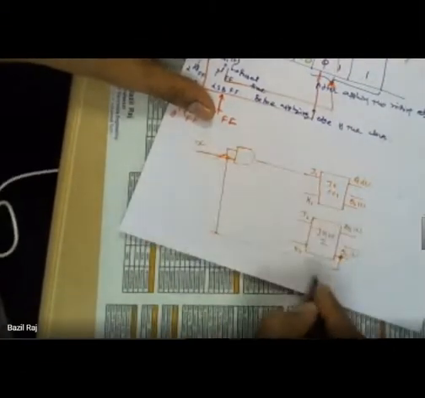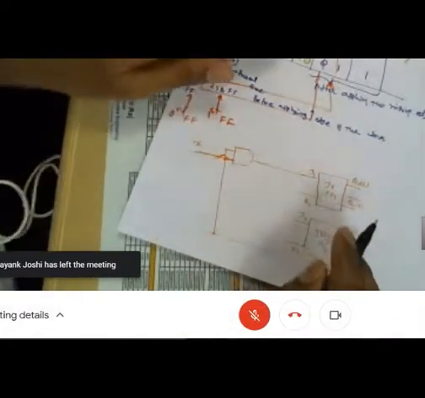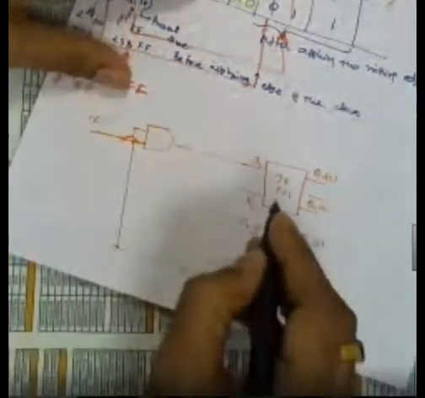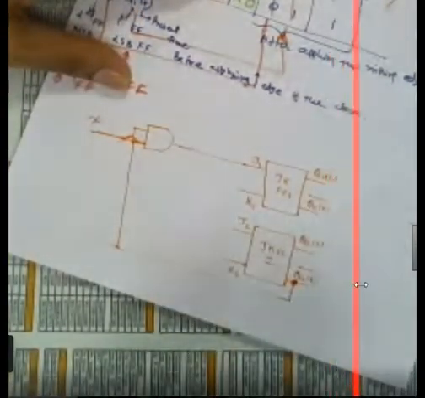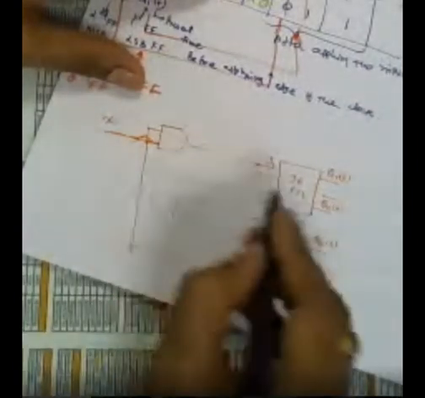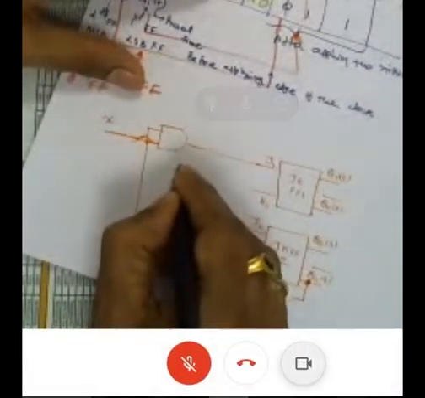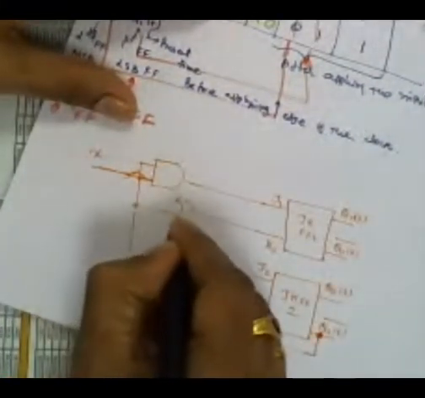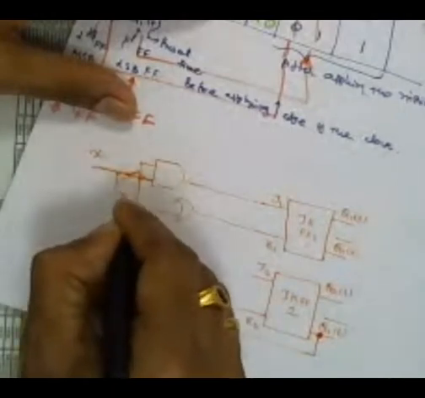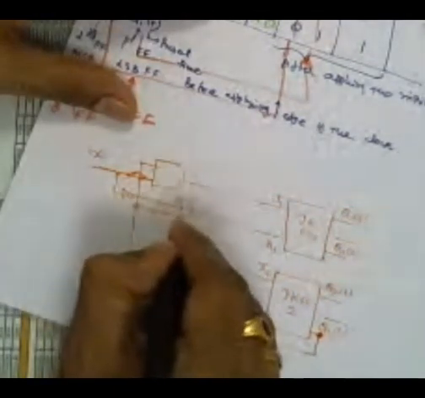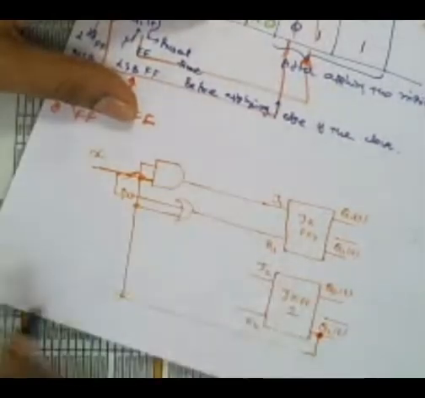X Q2 dash is J1, and then K1 is Q2 dash plus X dash, an OR gate. This is K1. Q2 dash is coming from here, and then X dash through one NOT gate goes to K1.